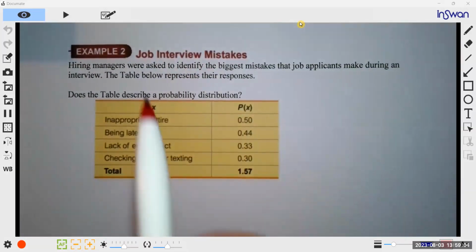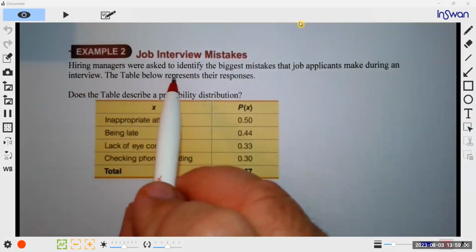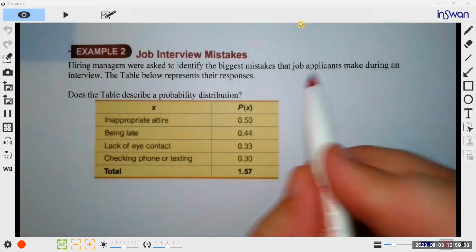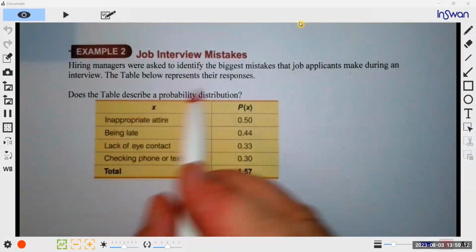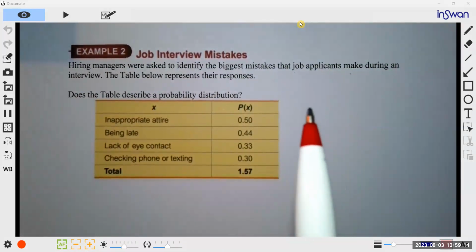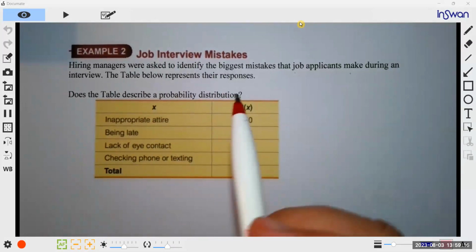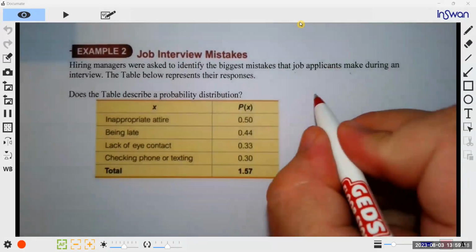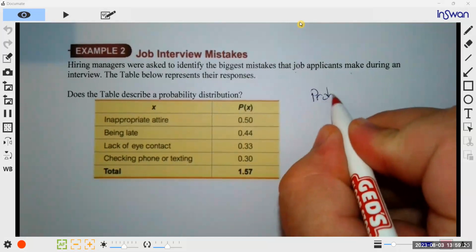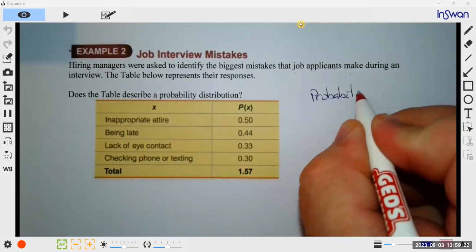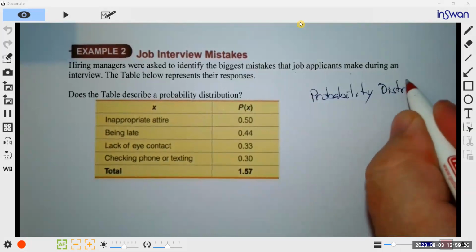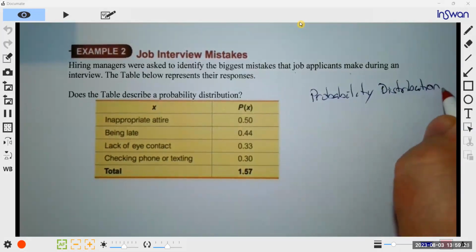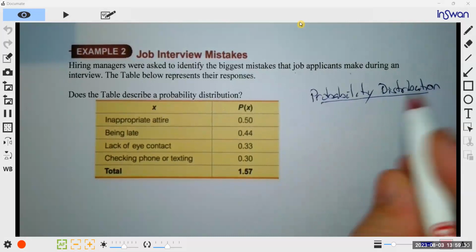Job interview mistakes. Hiring managers were asked to identify the biggest mistakes that job applicants make during an interview. The table represents their responses. Does a table describe a probability distribution? Remember, probability distributions have 3 conditions.